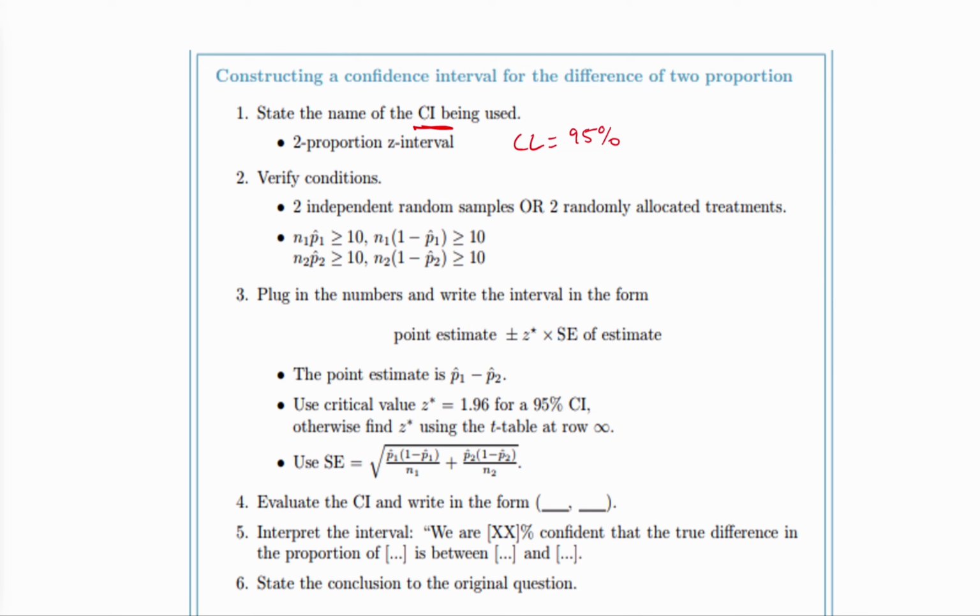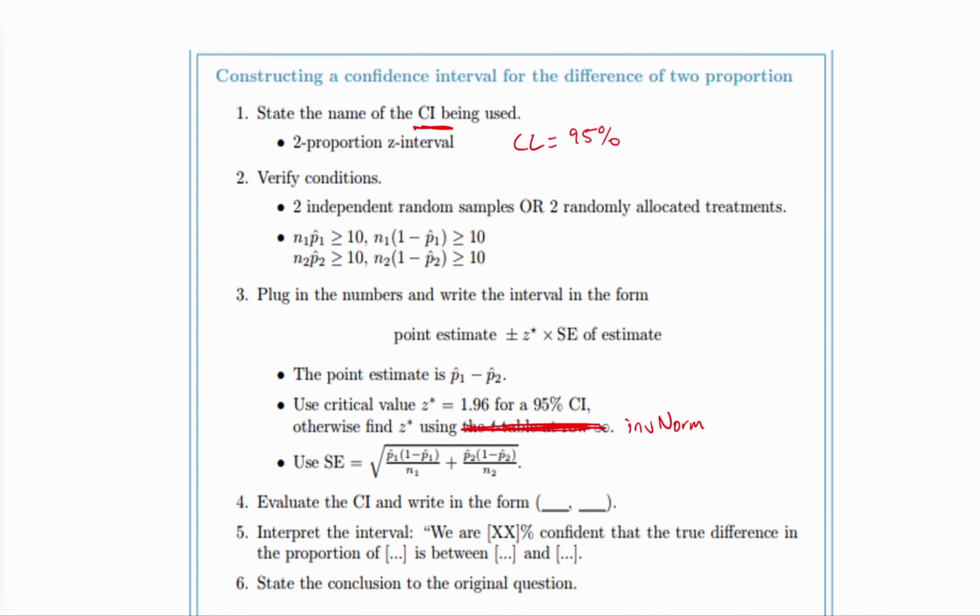Point estimate is P1 hat minus P2 hat. Find the Z-score for a 95% confidence interval. That's 1.96. Otherwise, find the Z-score using the inverse norm. We're not going to use the t-table. And our standard error calculation is that one. Plug all the numbers in, find the confidence interval, and state the conclusion.